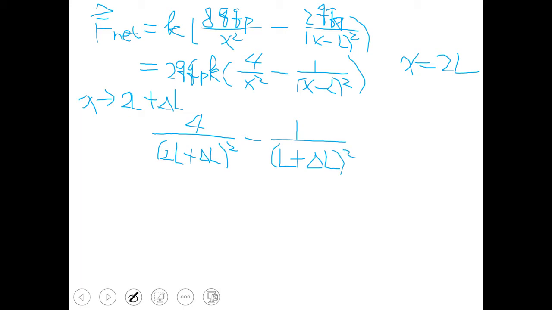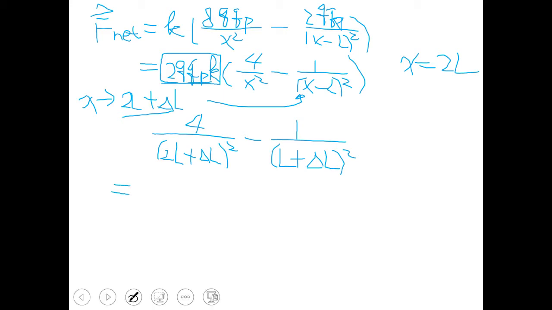We just substitute this in, and we ignore the prefactor because the exact value is not really important. We only care about the sign, whether it is positive or negative.